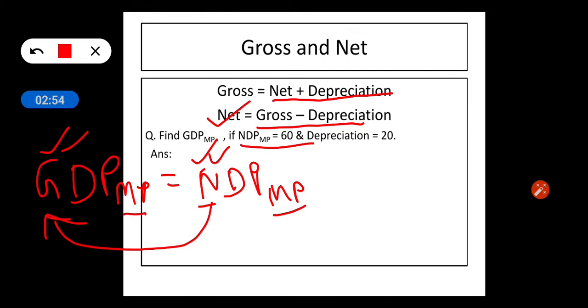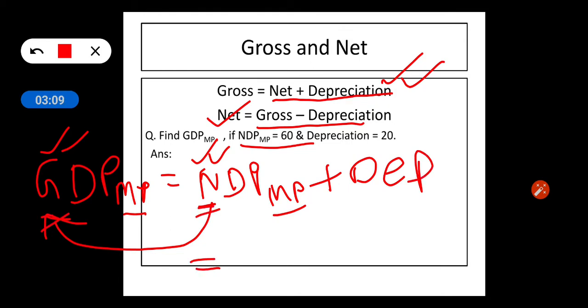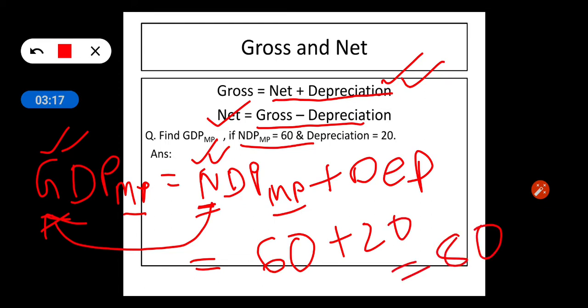To convert net to gross, we know that gross is a sum of net and depreciation, right? So we are going to add depreciation to your net to get gross. Then you have NDP MP is 60, depreciation is 20, and you have 80. Okay, your GDP MP is equal to 80.